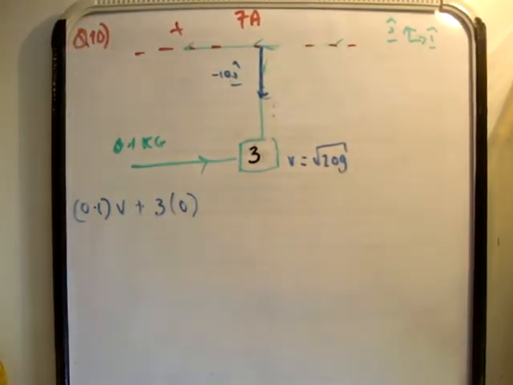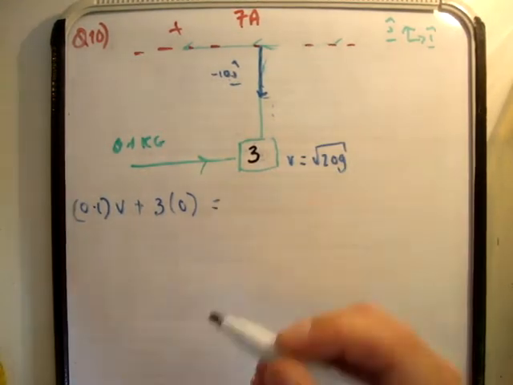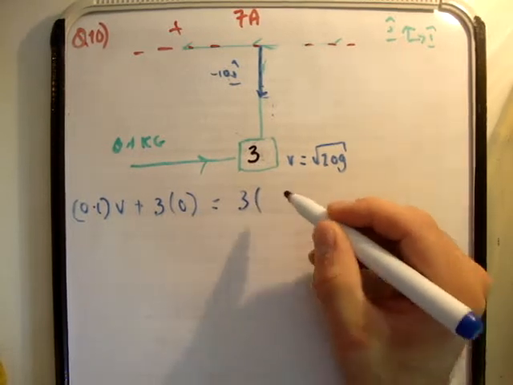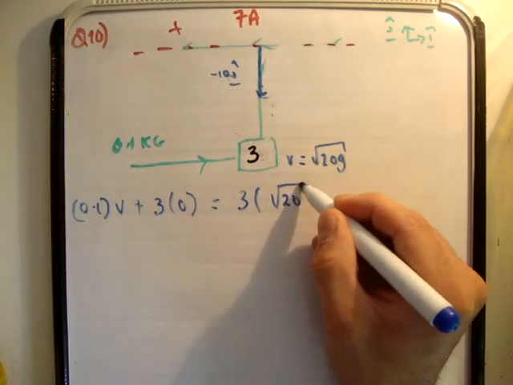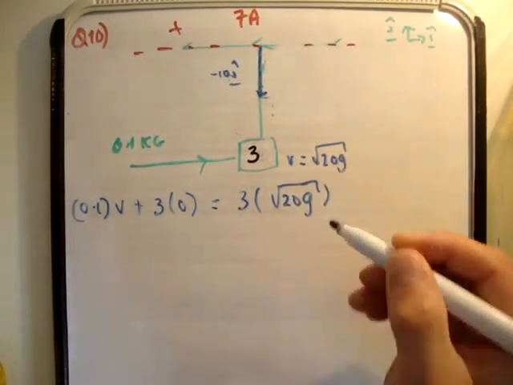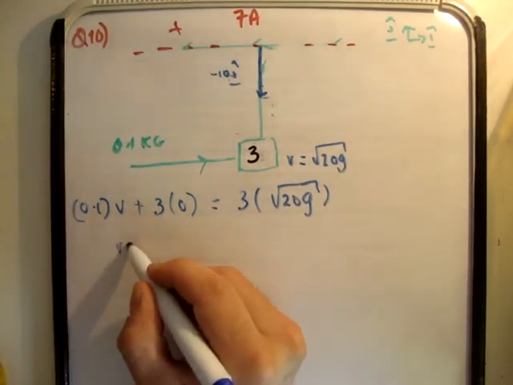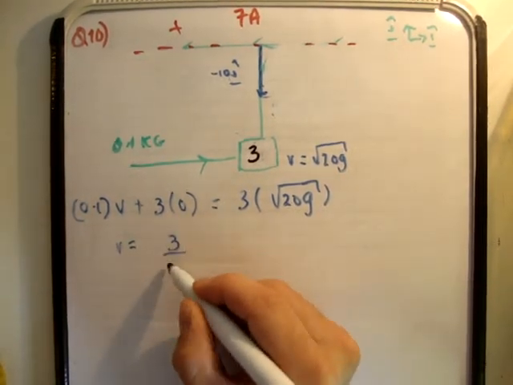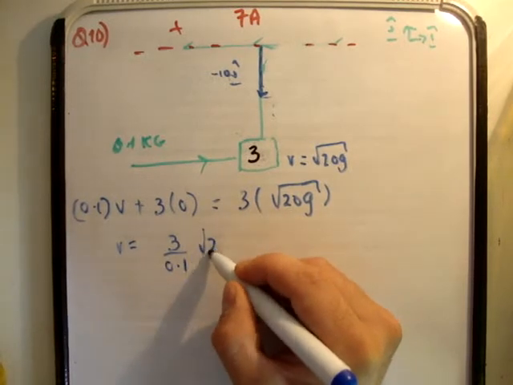So its initial velocity is 0. Obviously before the bullet hit it isn't moving. Then we get the mass of the compound body times its velocity, which is root 20g. So we're going to get v is equal to 3 over 0.1 times the square root of 20g.